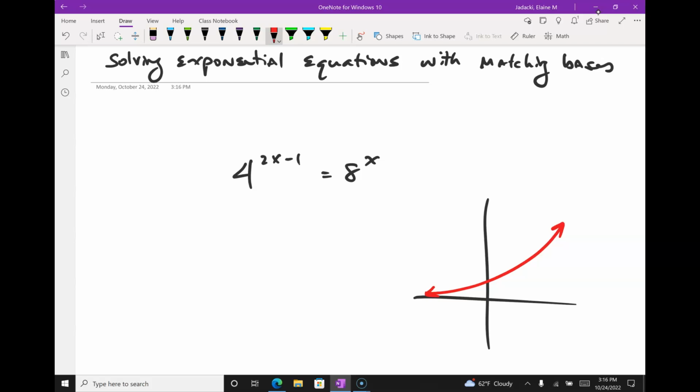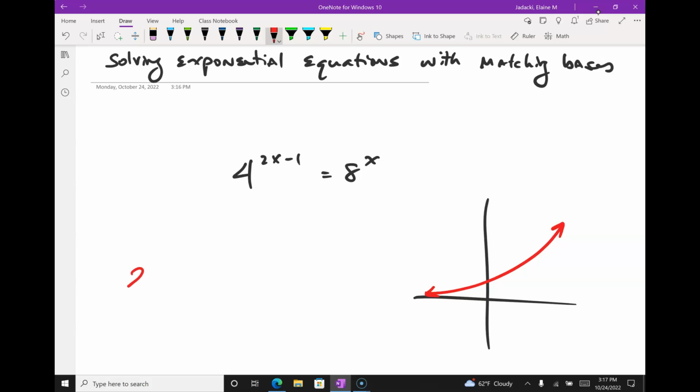How many kinds of functions do we have? Is there any repeated heights? No. So they're one-to-one, right?